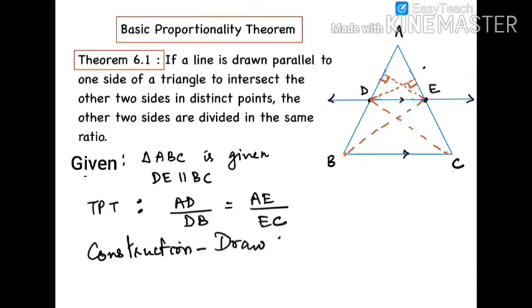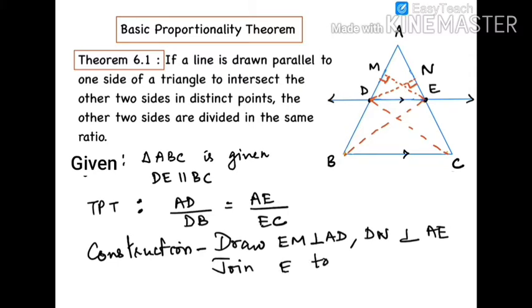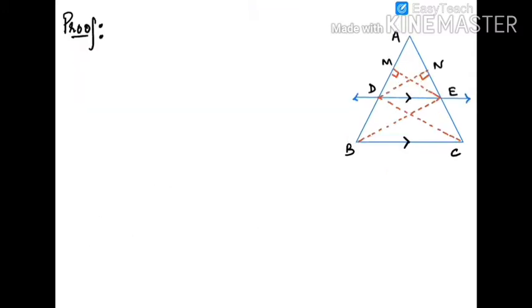We have drawn EM perpendicular to AD and DN perpendicular to AE. And we have joined points E to B and D to C. Now we are ready to write down proof for this theorem.